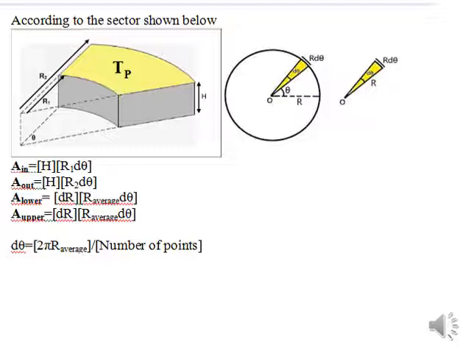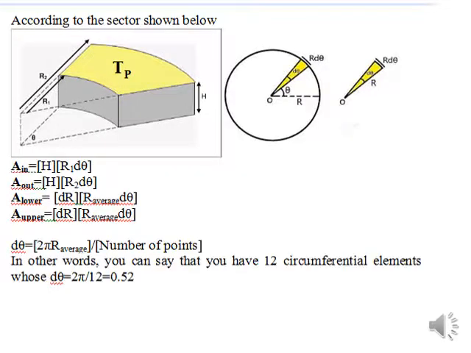So now you divide by the number of points, you get d theta, which splits the circle into the number of pieces you want. In other words, you can have 12 circumferential elements whose d theta equals 2 pi over 12, so that you will have 0.52 as d theta.